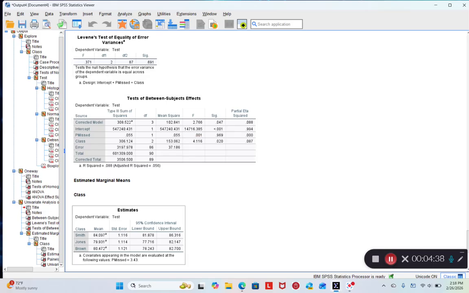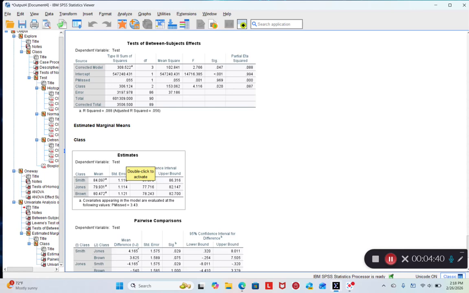We need to look at our means first, in our estimates box. You can see that our mean is about 84 with Smith. Jones is about an 80, and then Brown is a little bit over an 80.